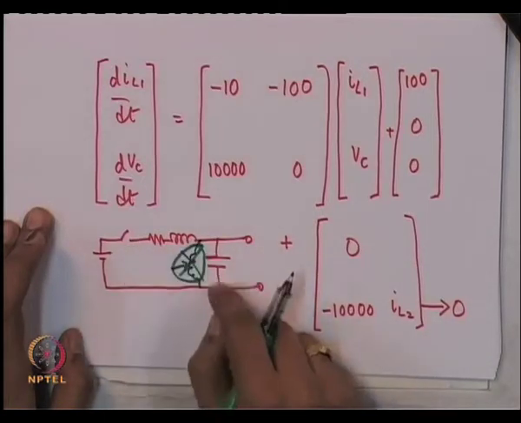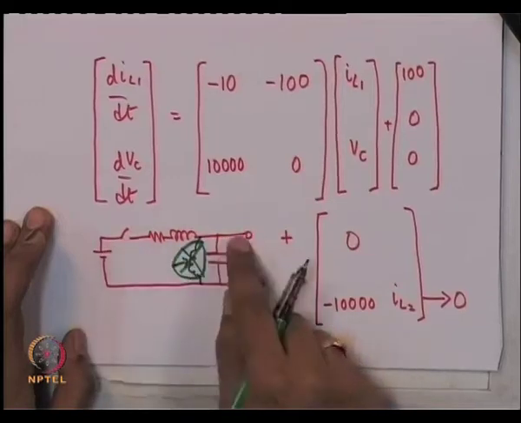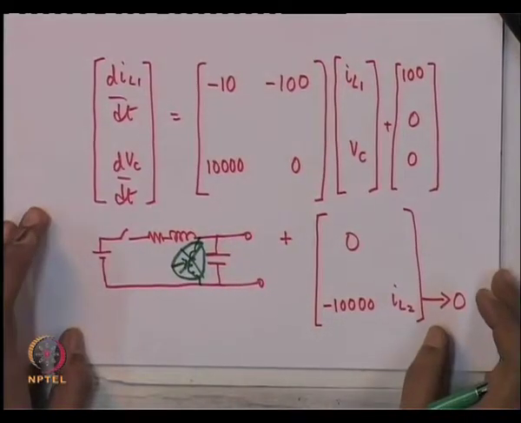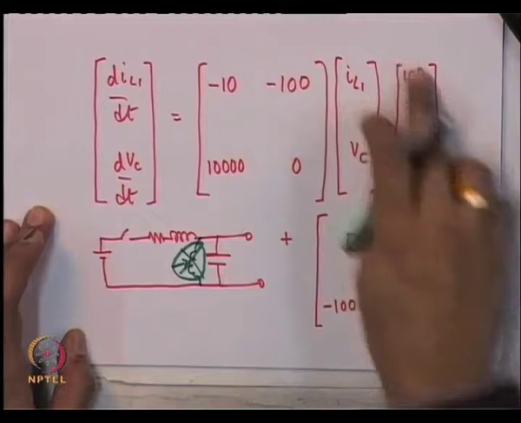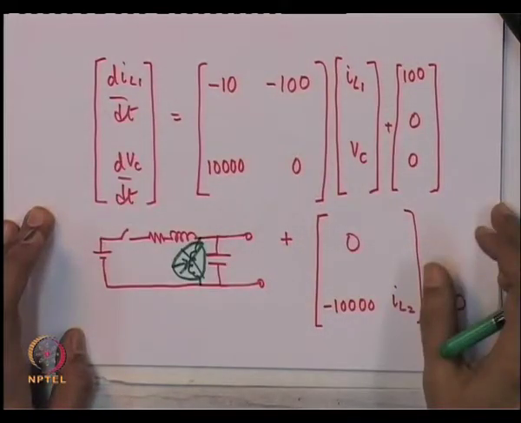In that case, you have this fast dynamical equivalent of the circuit, and the eigenvalues of this will have to be found out. If you do a study of this system, the eigenvalues you will get are, or I will just write down directly the response of this circuit.